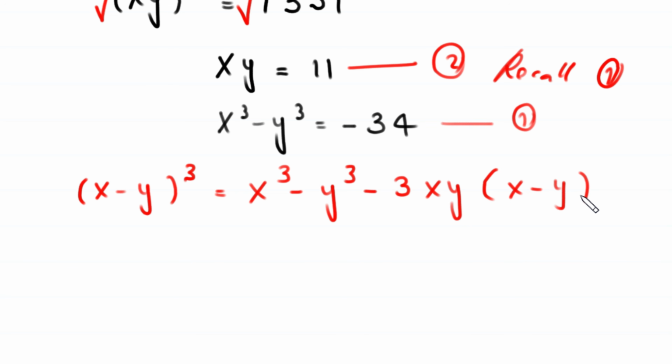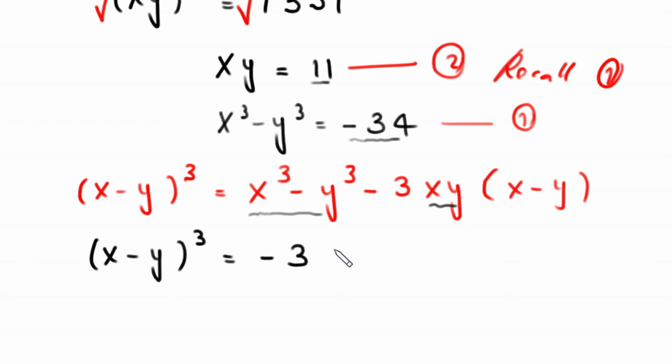In this identity we replace this xy with this 11, and we replace this x cubed minus y cubed with this negative 34. So this identity will become x minus y whole cubed equal to negative 34 minus 3 times 11 times x minus y.